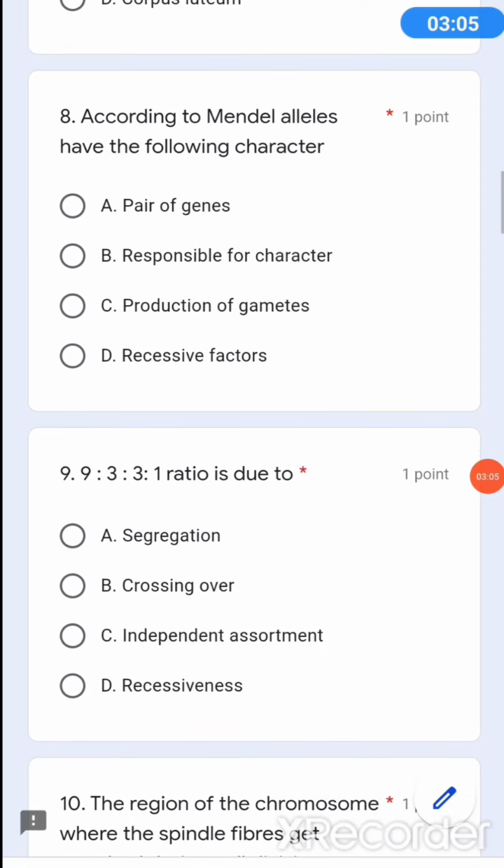8. According to Mendel, alleles have the following characters: responsible for a character. 9.